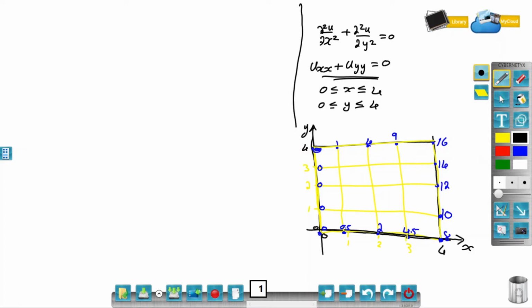For convenience, I am marking this one as u1, this is u2, this is u3, this is u4, this is u5, this is u6, this is u7, this is u8, this is u9. Is it okay? So we have 9 unknowns u1, u2, u3, u4, u5, u6, u7, u8, u9.